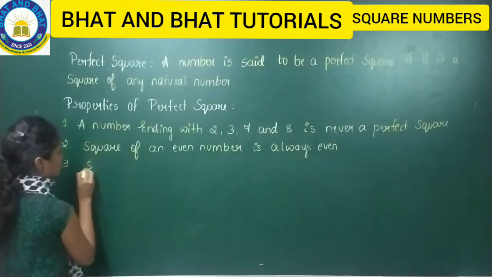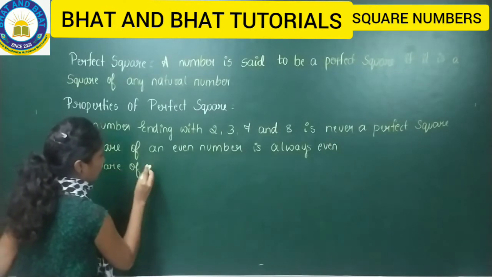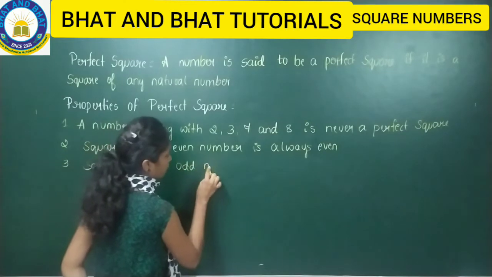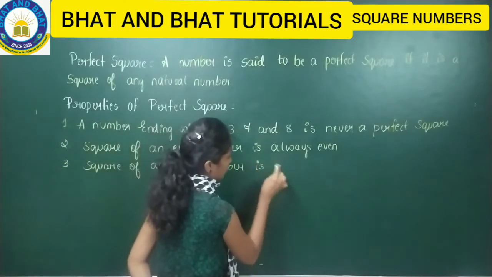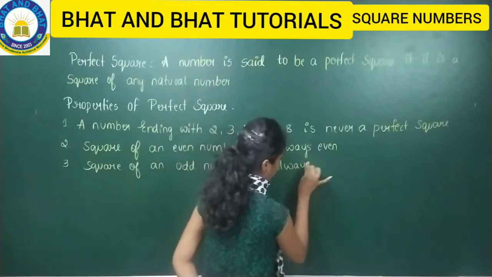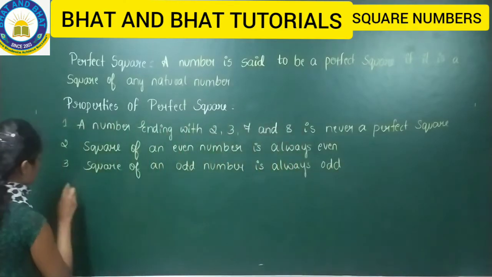Next, square of an odd number is always odd. Okay.